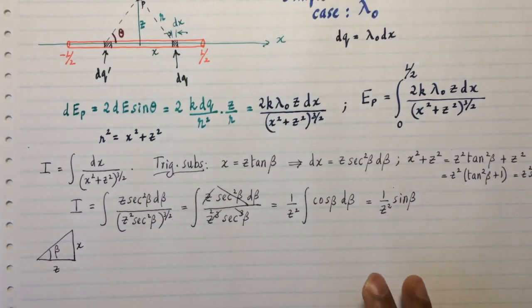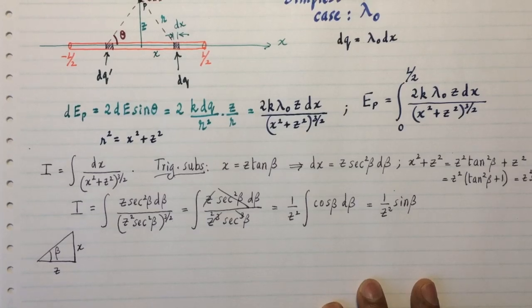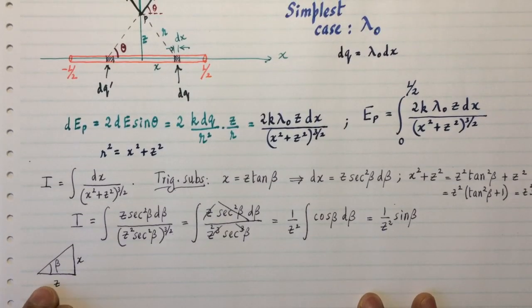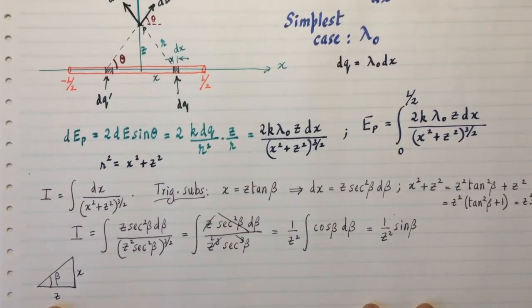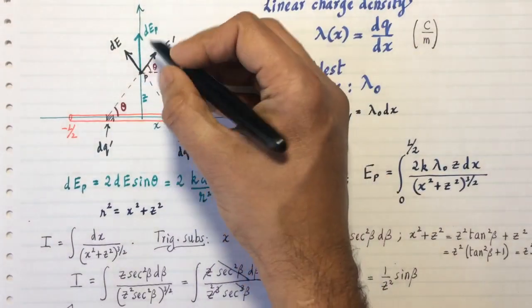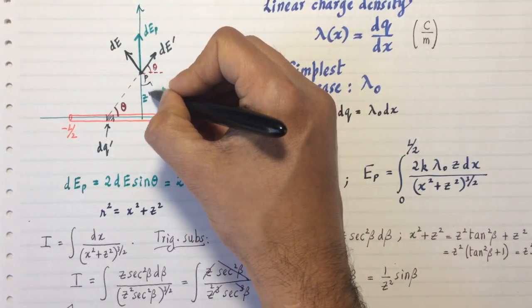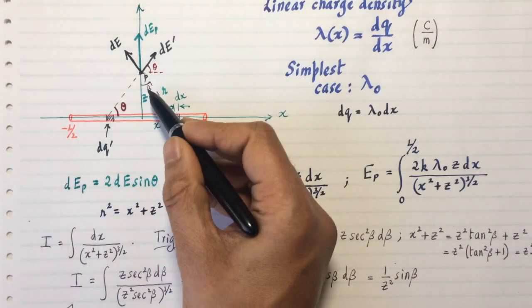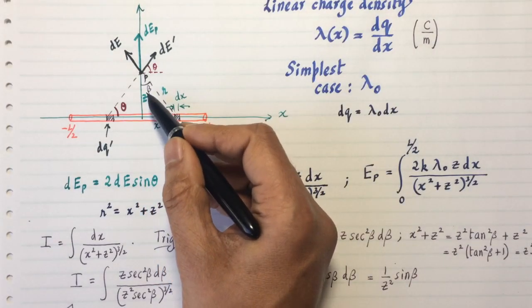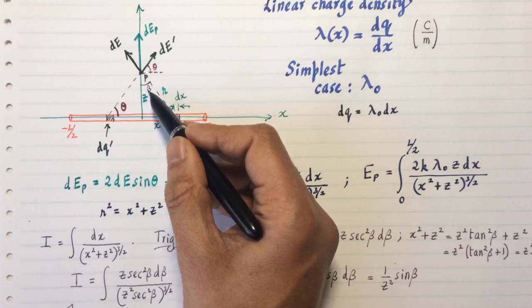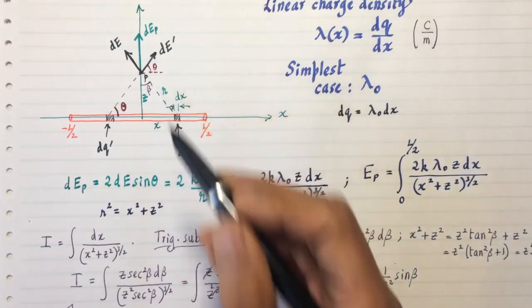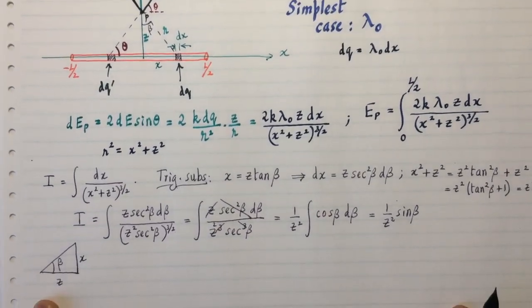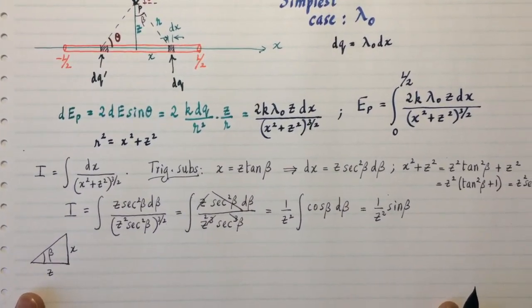Now, for those who are very curious as to what beta is in our original figure, tan beta is x over z, so beta must be this. In other words, beta and theta are related by being complements of each other. Beta is 90 minus theta. But that's just not important.